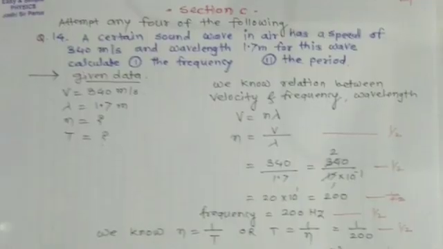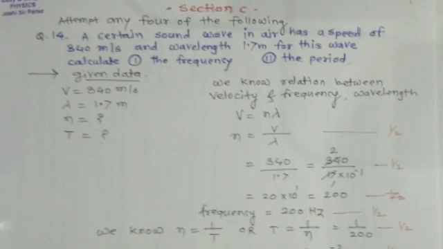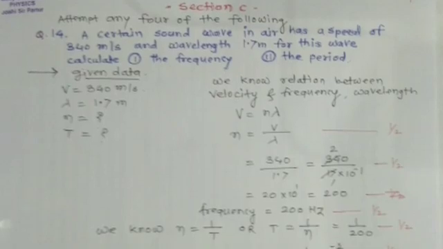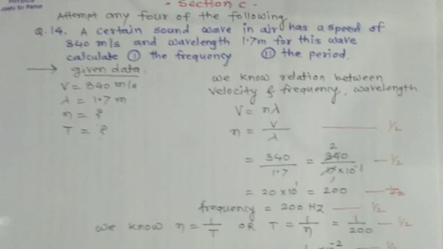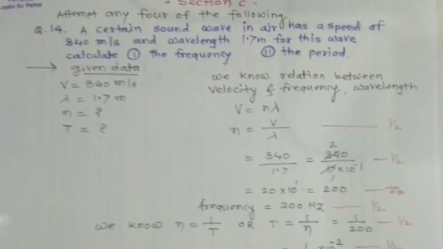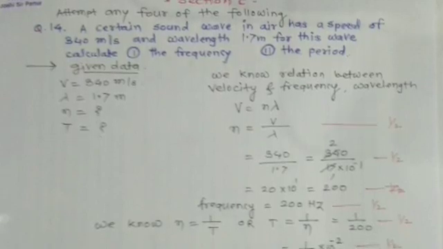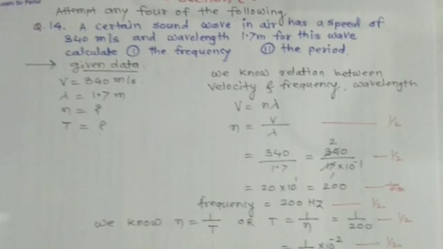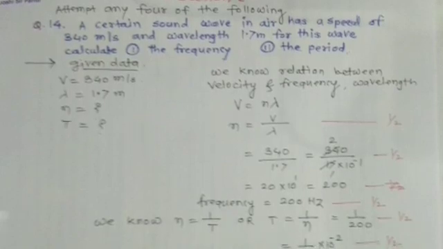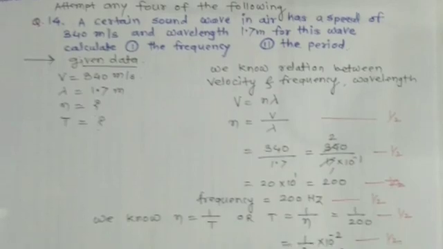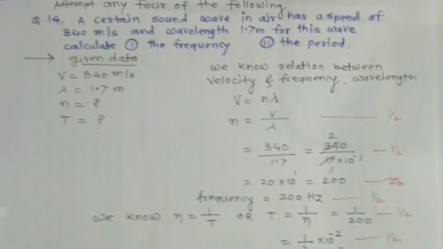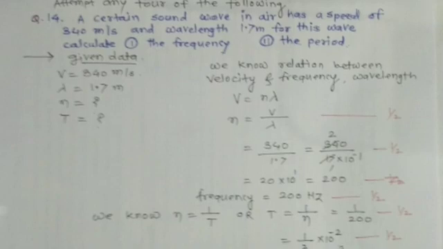Section C. Attempt any 4 of the following. So question number 14 is numerical. A certain sound wave in air has a speed of 340 meter per second and wavelength 1.7 meter.